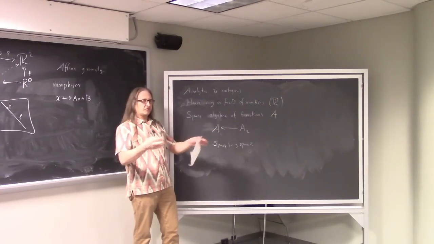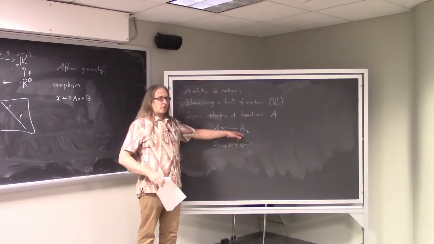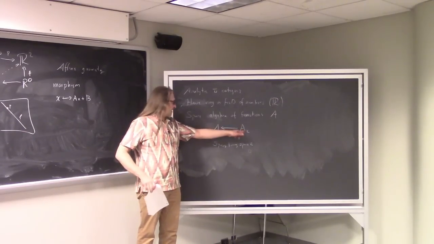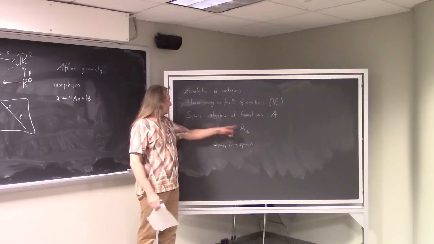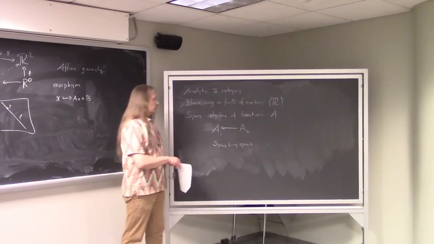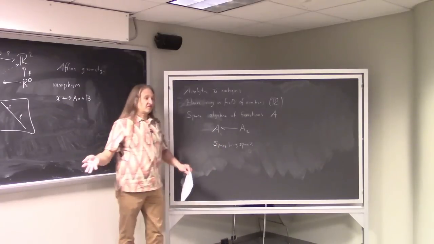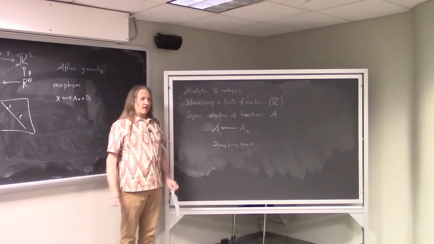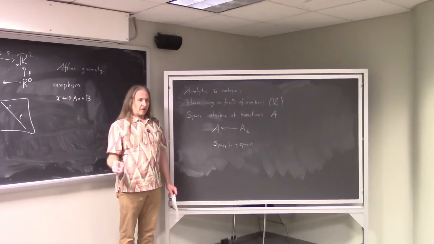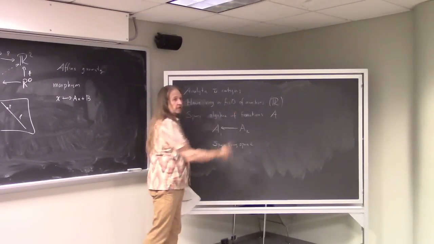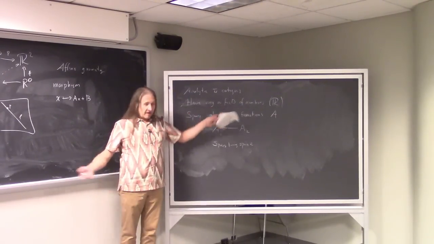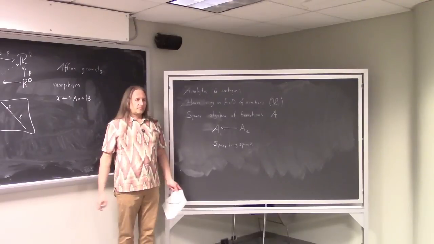If I have a function on 2 and a map, I compose with that: I take a function here, a function there. In particular, this is going to be a morphism of algebras. It's going to preserve the algebraic operations of addition and multiplication, as well as scalar multiplication by my numbers.